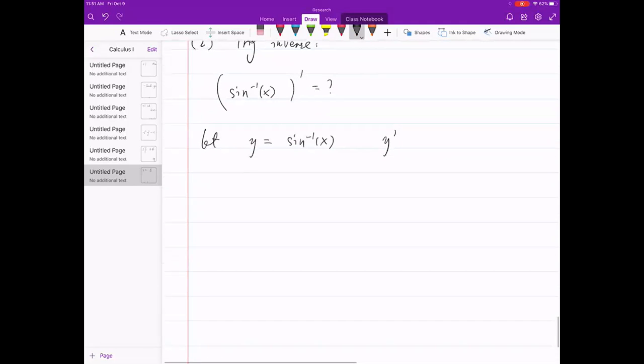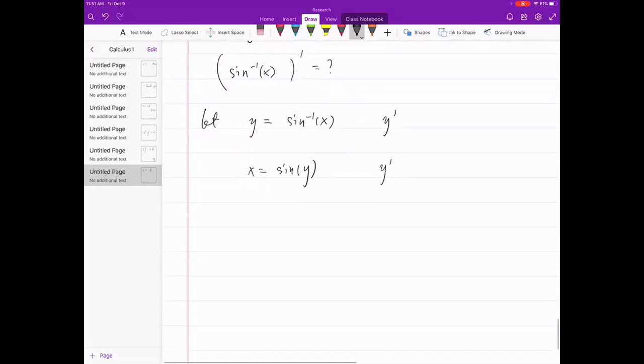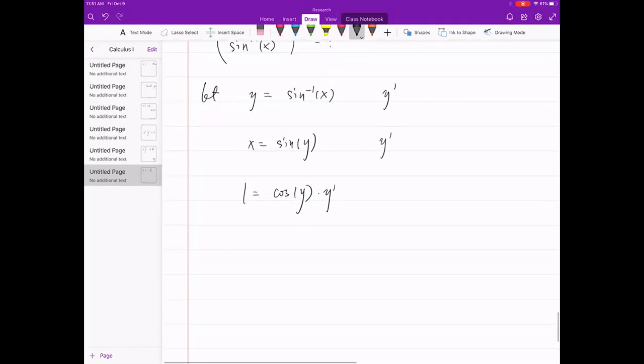Then we say, well, it's the same as saying x equals sine y. Find y prime. Implicit differentiation, 1 equals cosine y, okay, times y prime. Sounds good?